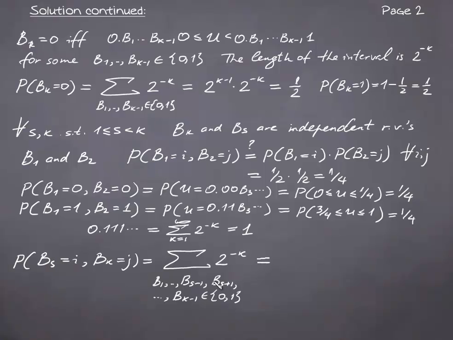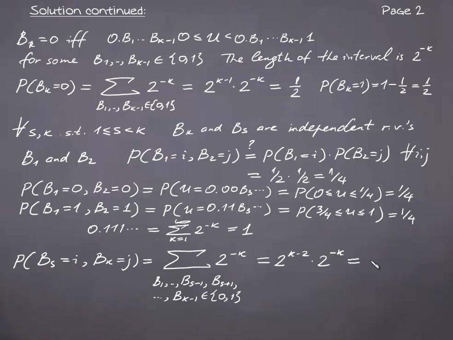If you look here, in this sum we vary k minus 2 digits. For each digit there are 2 choices, hence there are 2 to the power k minus 2 choices for this collection. For each choice the probability is the same, 2 to the power minus k.